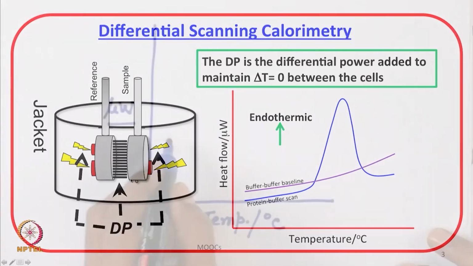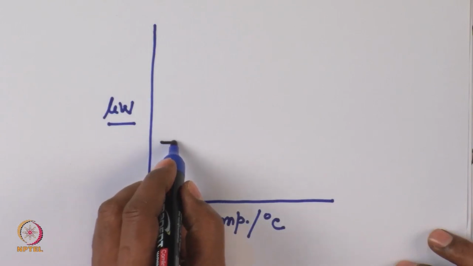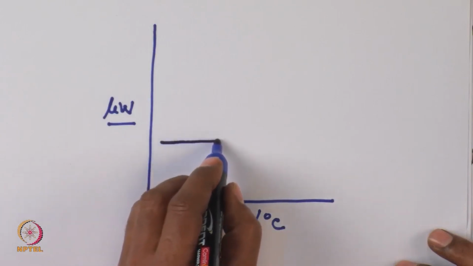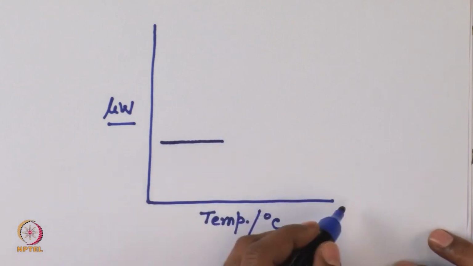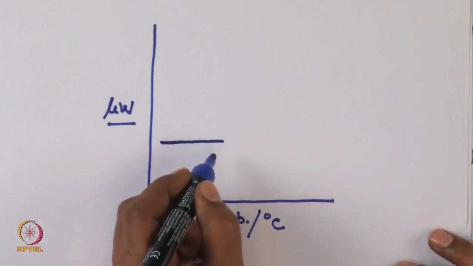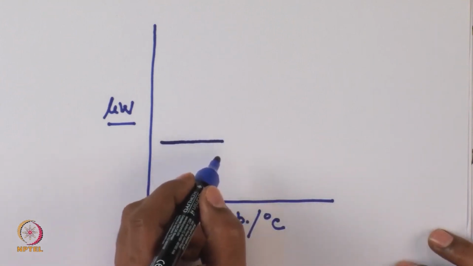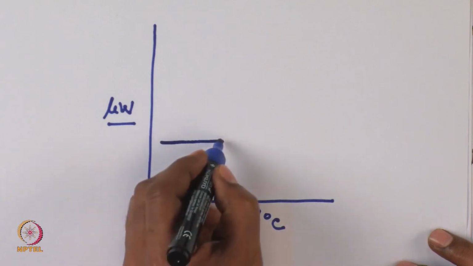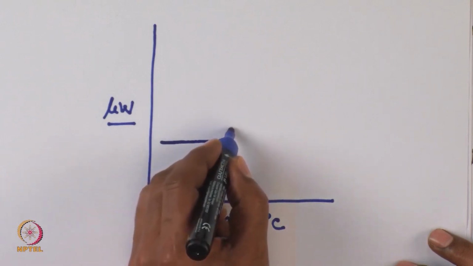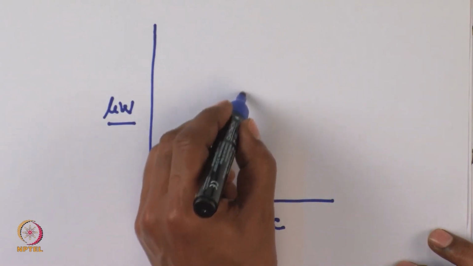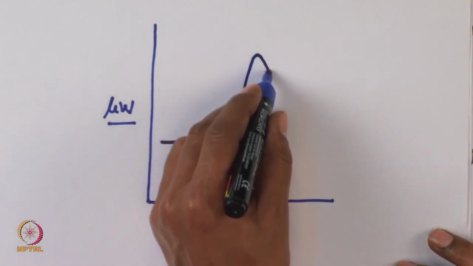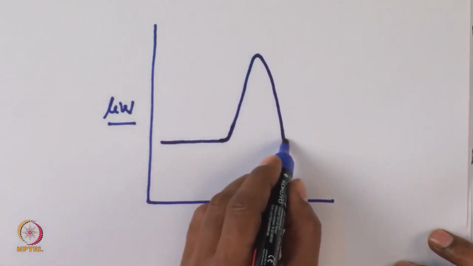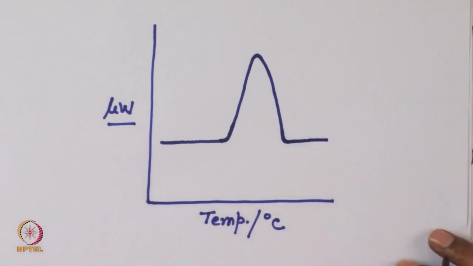That means the output, you do not require any additional watt to be given, it should be like this. And once the transition starts, then additional power needs to be given to the sample cell, because transition is an endothermic process. Therefore, that additional power is recorded and it will eventually come back to the same line. This is an ideal case.